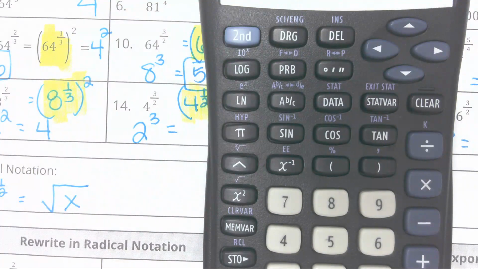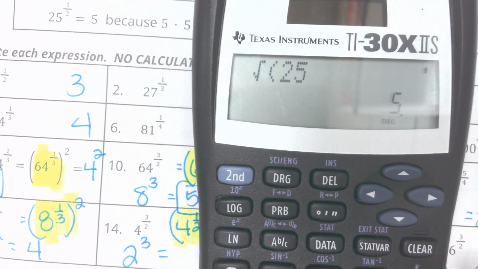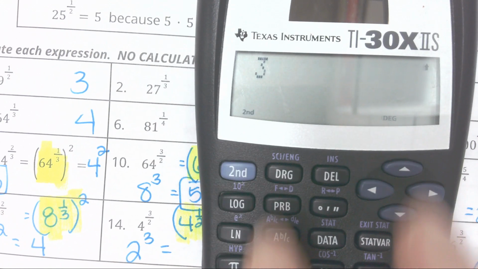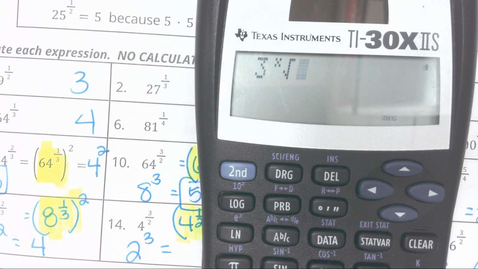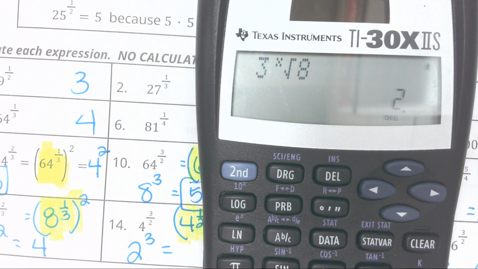Like if I wanted to take the cubed root of something, I would type 3, and then that little symbol, and that means the cubed root of, let's do one that I know. Cubed root of 8 is 2. Personally, I think if you know what it is as a fraction exponent, that's easier to evaluate if you're using a calculator.